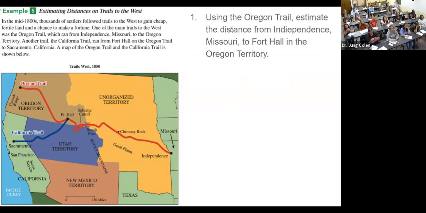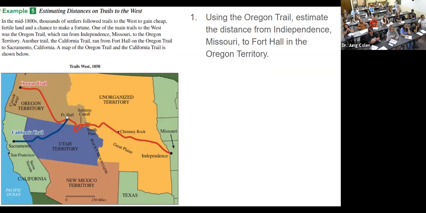My first question is this. Using the Oregon Trail, can you estimate the distance from Independence, Missouri, to Fort Hall, from here to there? Can you estimate the actual distance?